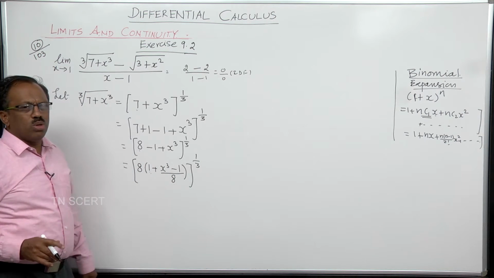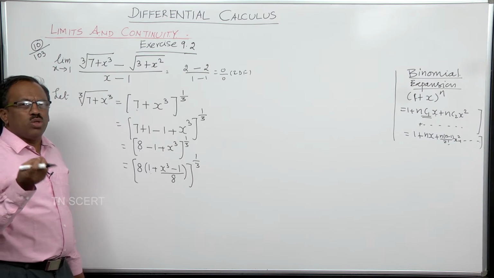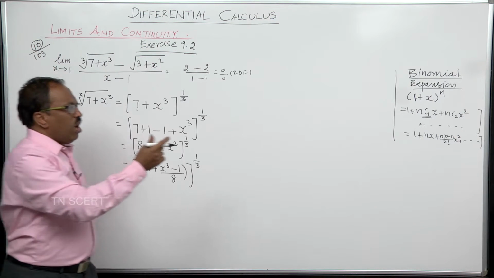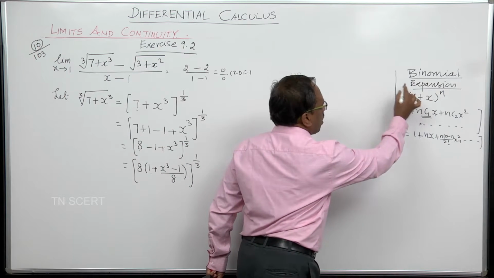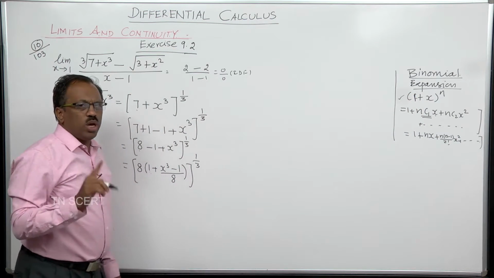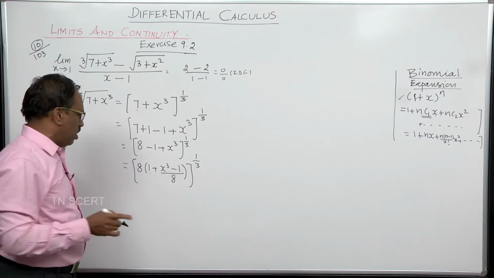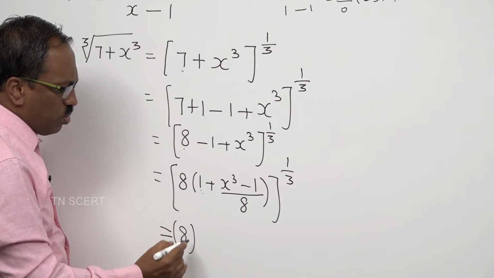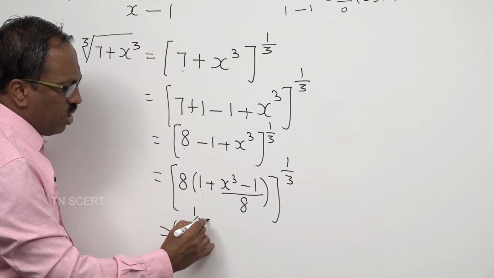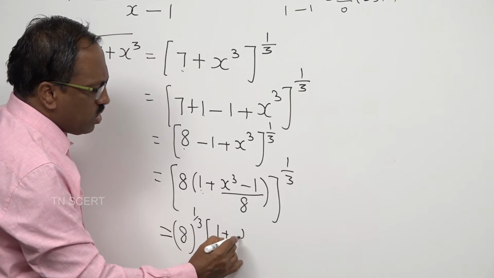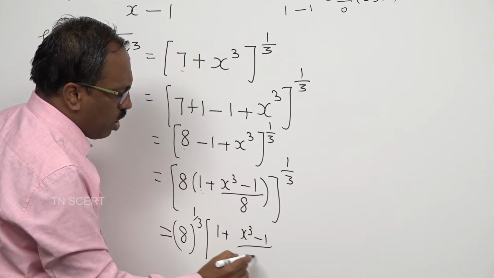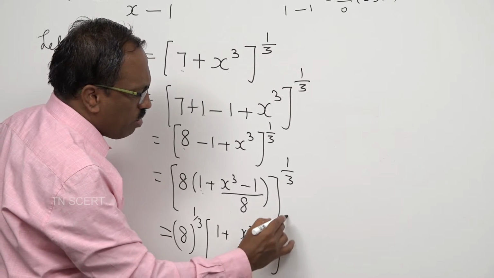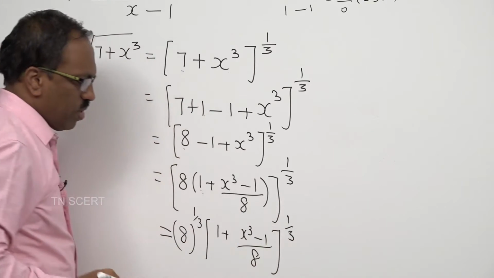We have found almost a good solution for this, because I wish to make a binomial expansion for this problem, to get the value 1 as the first number, for which I do this modification. 8 power 1 by 3 bracket 1 plus x cube minus 1 by 8 whole power 1 by 3.